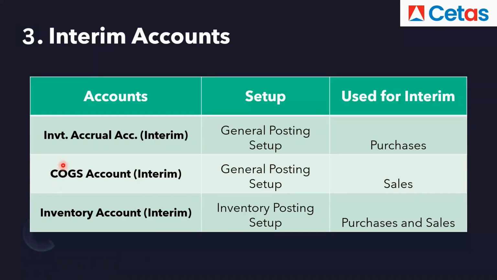The inventory accrual account interim is a purchase interim account. The COGS account interim is a sales interim account. Inventory account interim is a temporary general ledger account used to record the expected value of inventory for both purchases and sales until the related invoices are posted.